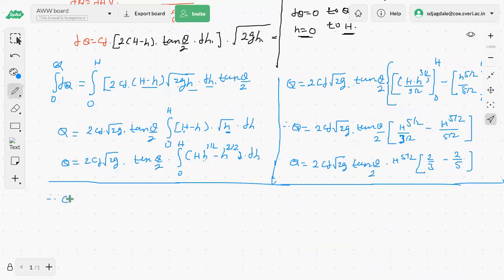Yes, sir. So therefore Q is equal to, one more 2 will come out of this, so 2 into 2 as a 4 times CD under root 2g tan theta by 2 in bracket, sorry, h raised to 5 by 2 will be there, I am writing it on the side. So it is 1 by 3 and 1 by 5, correct? That means what will it be here?